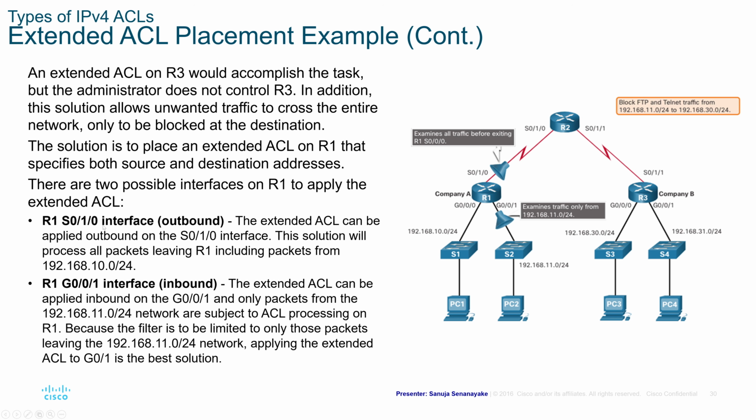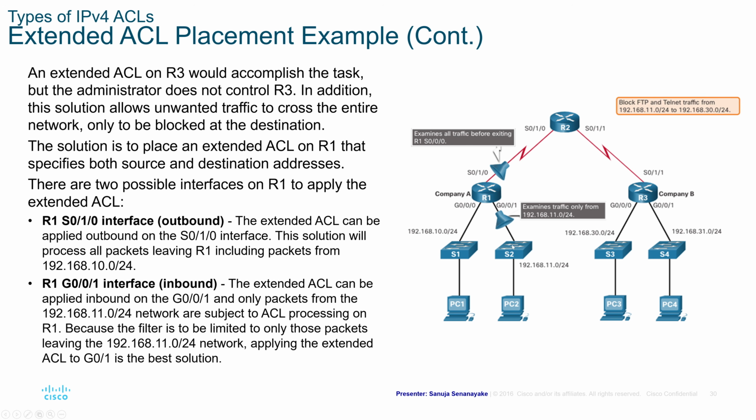On the R1 S0/1/0 interface in the outbound direction, the extended ACL can be applied outbound. This solution will process all packets leaving R1, including the packets from 192.168.10.0/24.